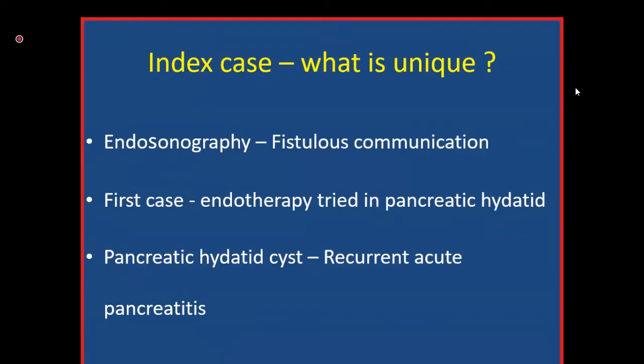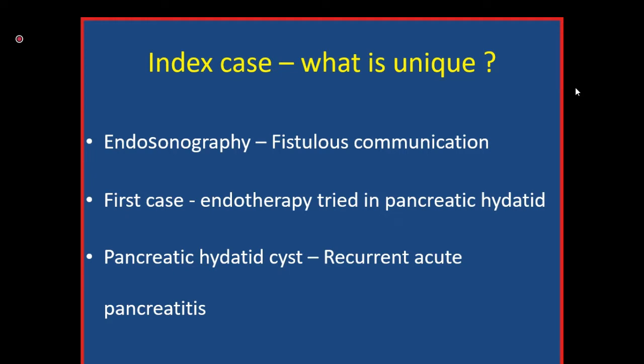What was unique in this case was that with the help of endosonography, we could demonstrate the ductal communication with confidence. After that, we tried, and she improved. Fortunately, I can say. Even though hydatid is a very rare cause of acute pancreatitis, still in the presence of a cystic lesion, we should consider this diagnosis.